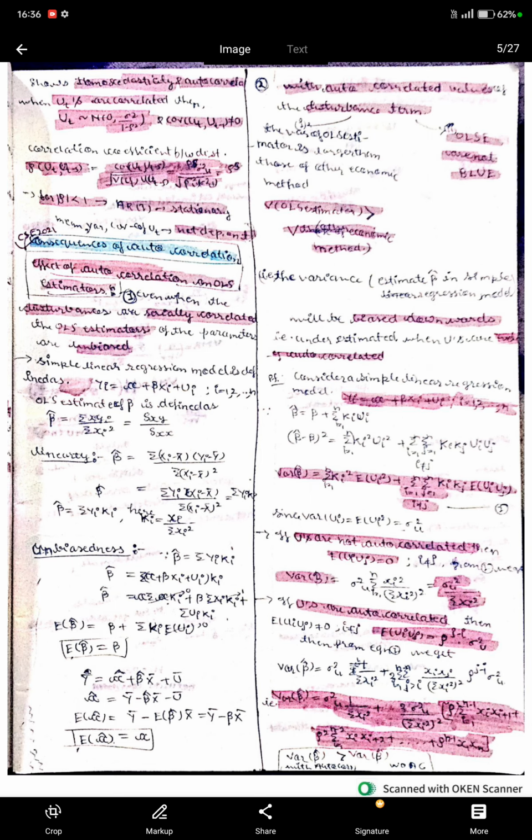Proof: consider a simple linear regression model yi equals alpha plus beta xi plus ui.